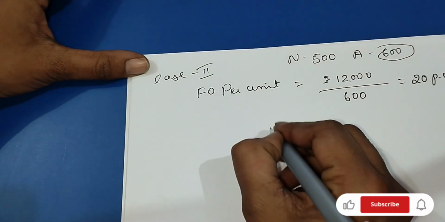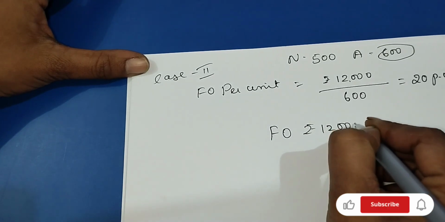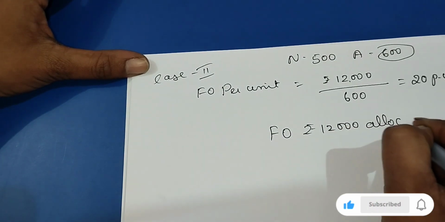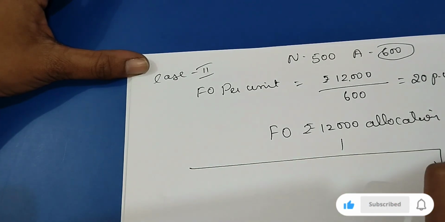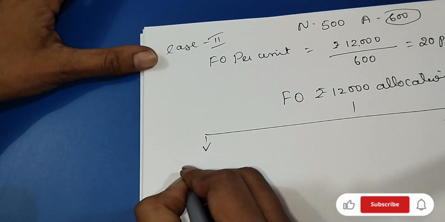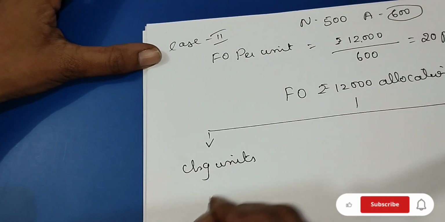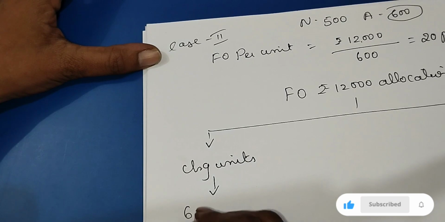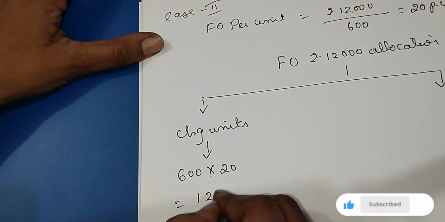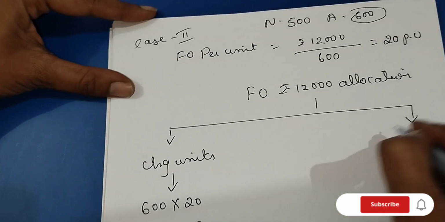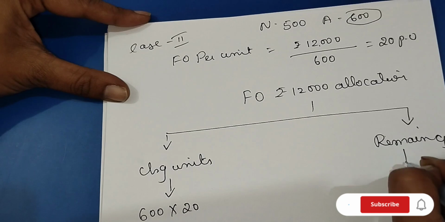Now we need to allocate this. The fixed overhead is rupees 12,000. We do the allocation in two ways. One, by taking the closing units. Closing units are 600 into 20, which is 12,000. Here is the remaining or unabsorbed.